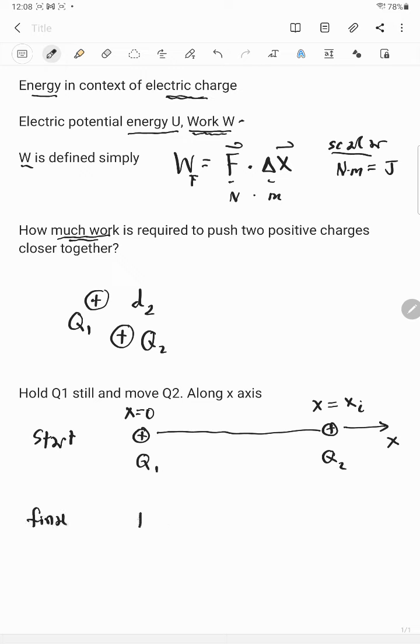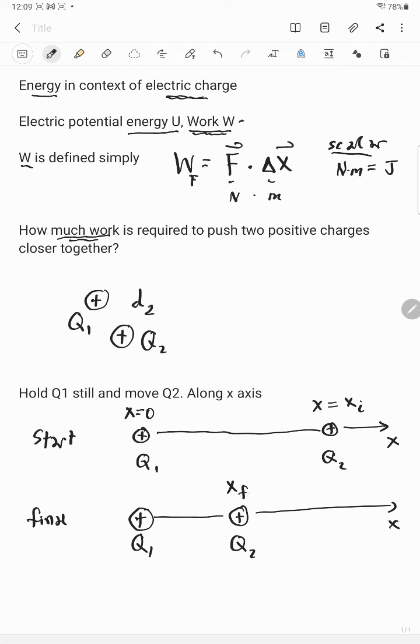And then the final situation, some number of hours later or seconds later, or just afterwards, after the work is done, I've got this situation instead. So Q1 is still in the same position, but Q2 is closer. So along the x-axis, Q2 is at some final position, right?